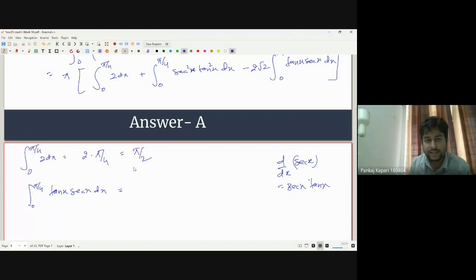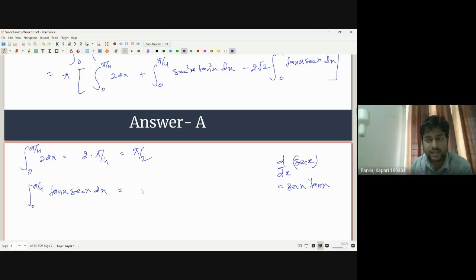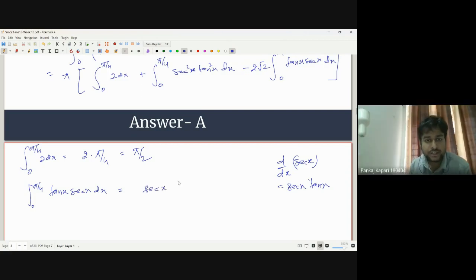Is there a minus sign? I don't think there is a minus sign. Yes, so the integral is sec x, and you take the limits from 0 to pi by 4. At pi by 4, sec x will give you root 2, and at 0 it will give you 1, since it is 1 over cos 0, which is 1.